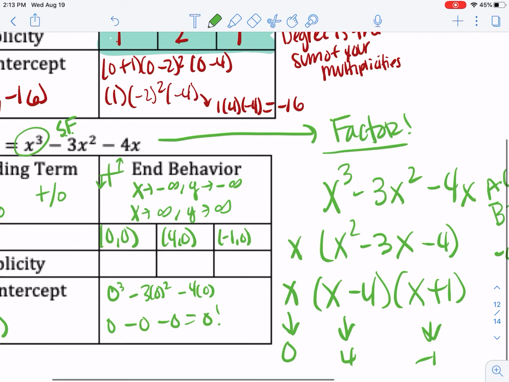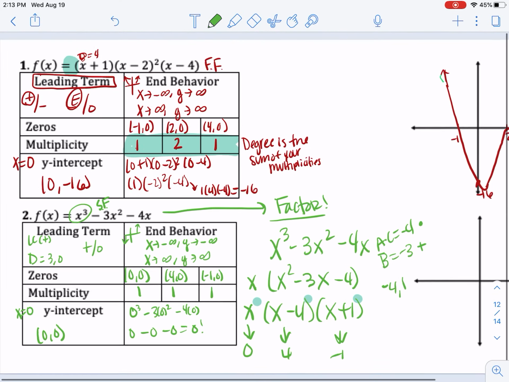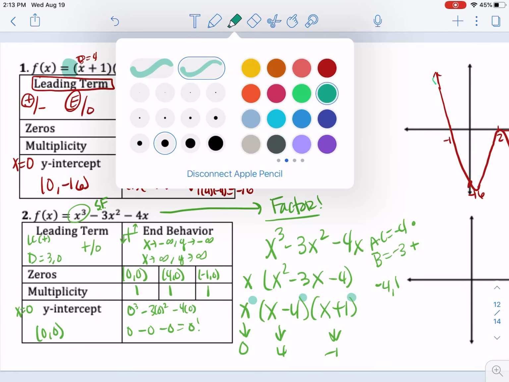Each of them did not have an exponent. There was nothing here. So that means that it's really all a multiplicity of 1, which is pretty cool. I do want to point out something different.